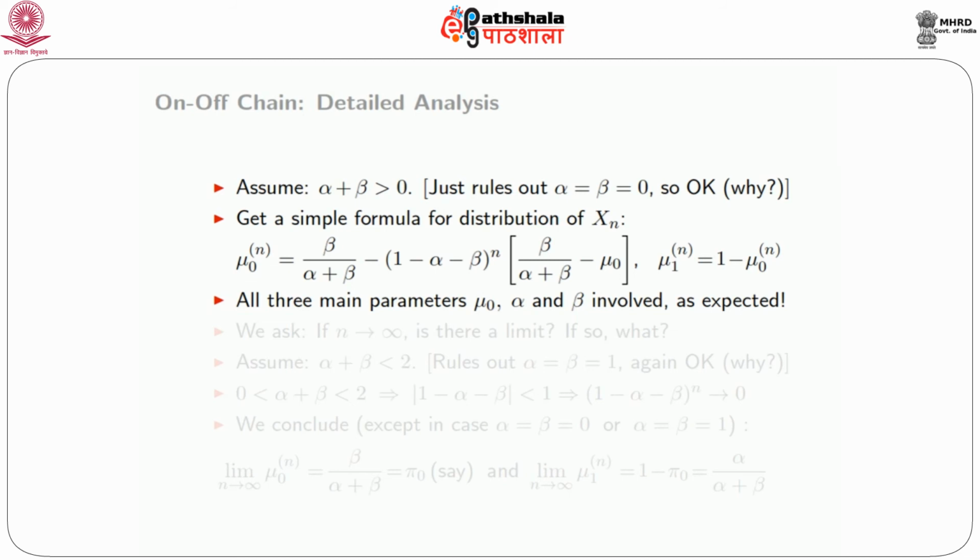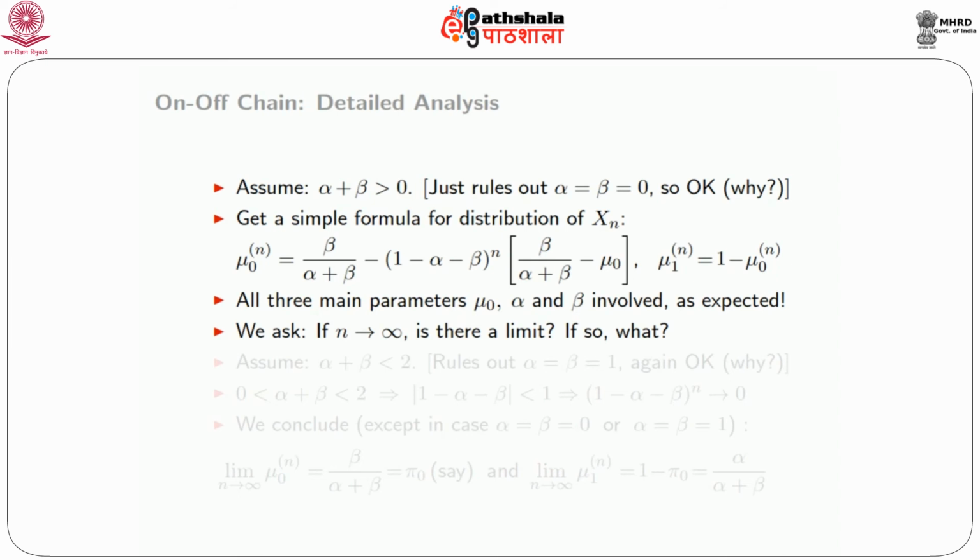So now the main question that we are going to ask, like we said that we are interested in the long-term behavior. So we ask, what if n goes to infinity? Is there a limit? If so, what is the limit?